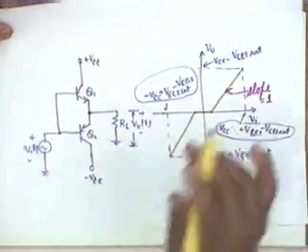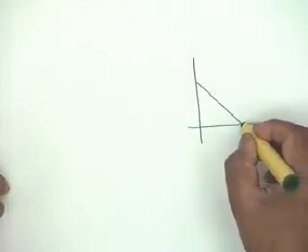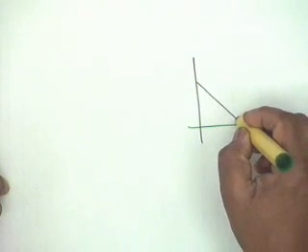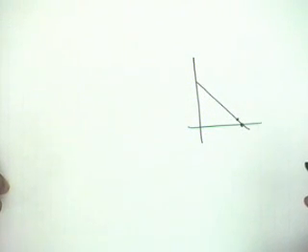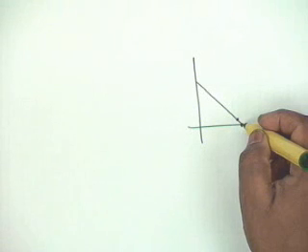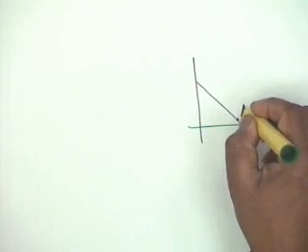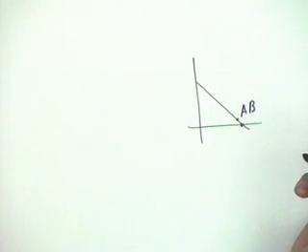However, the operation no longer remains class B, because if you look at the load line, we are not biasing at this point, we will bias somewhere here, which means that the conduction angle we are trying to make exactly 180 degrees, that is half of the cycle, but the operating point now shifts from the cutoff point to somewhere into the active region, and therefore this operation is called class AB.